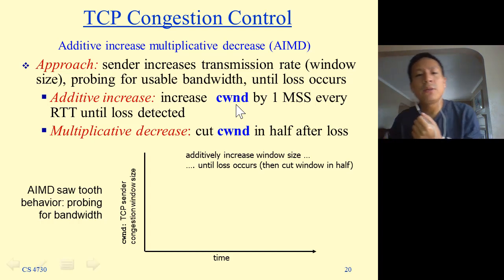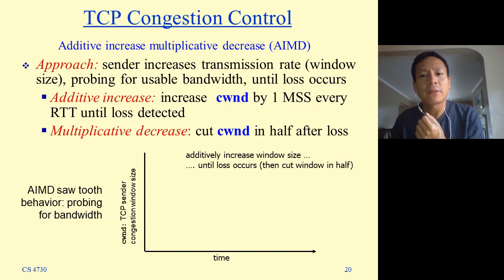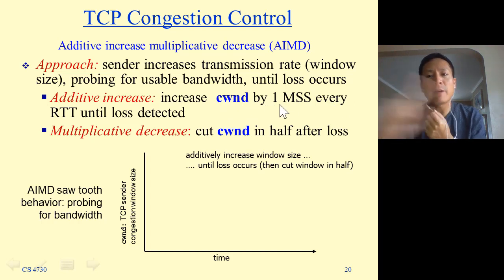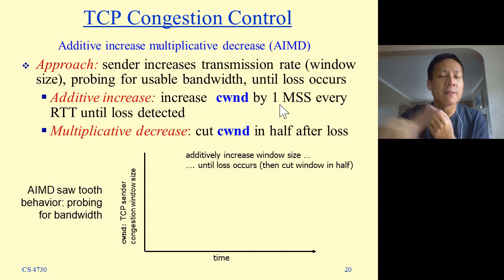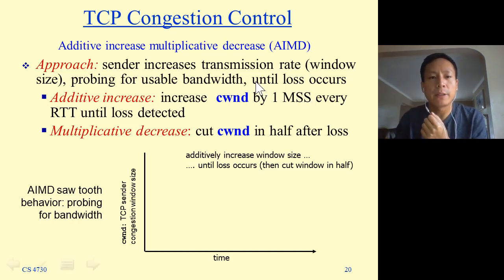Every time you don't see packet loss or anything unusual, you just do additive increase, which means that for every round, every RTT, in which you send segments and receive them successfully, you increase your sending window by 1 maximum segment size. So if I send, I receive it, and it's successful, then it means the network is okay, then I increase my window by 1. All right? So I'm sending more and more back-to-back in-flight packets in the network.